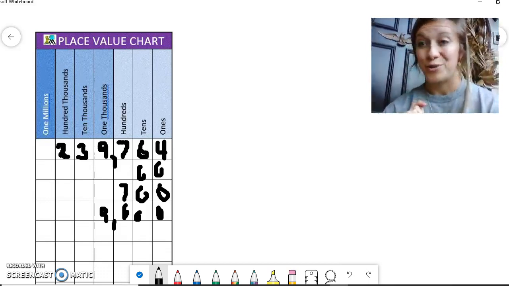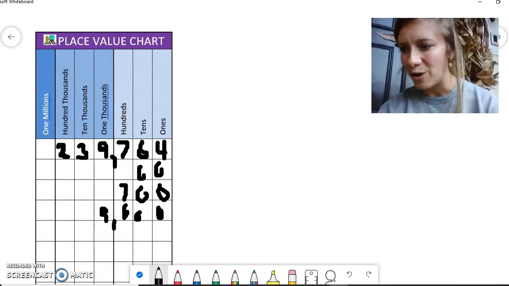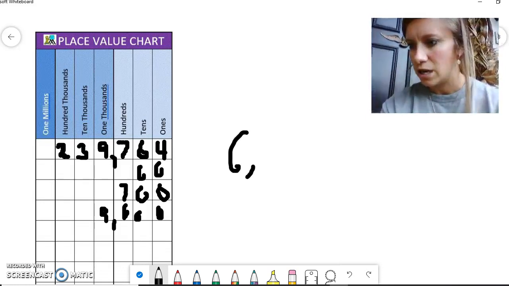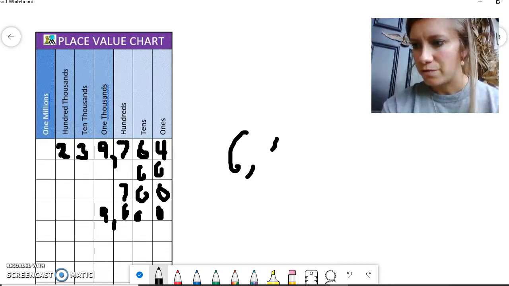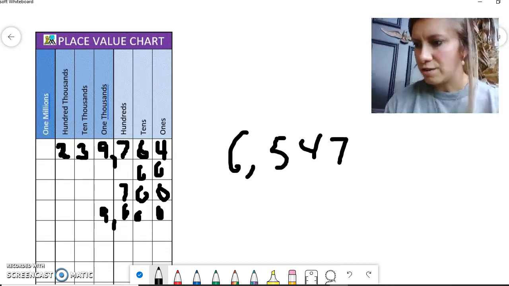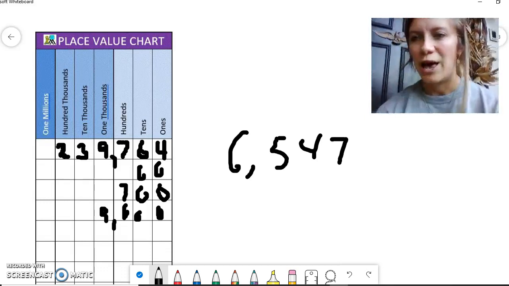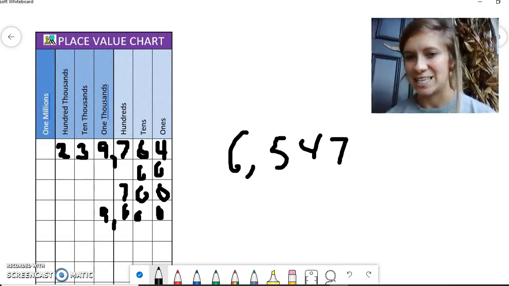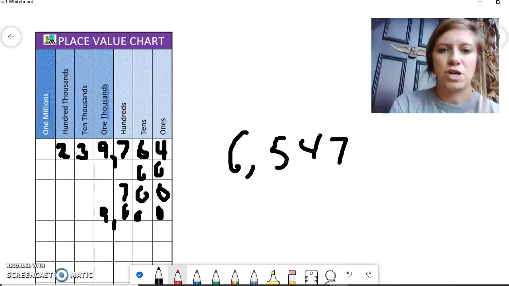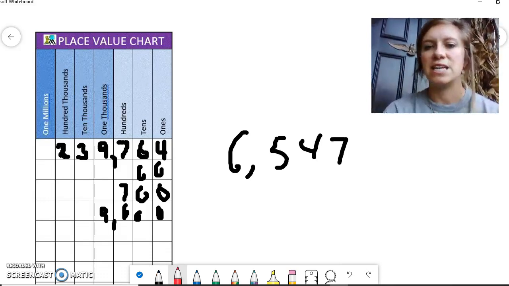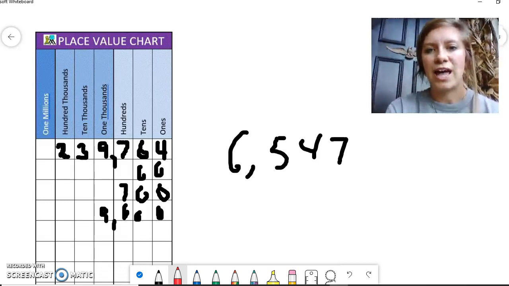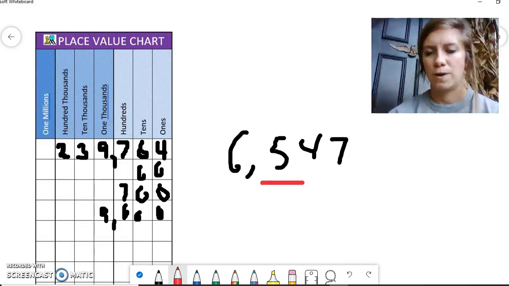So I'm going to have you do a few examples on your own. If you could, at your seats, round 6,547 to the nearest thousand, and I'll give you a hint. You always look to the number to the right. So if you're rounding 6,547 to the nearest thousand, you look at the hundreds place, okay?